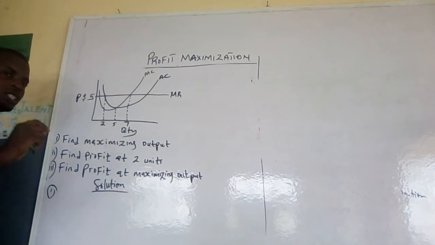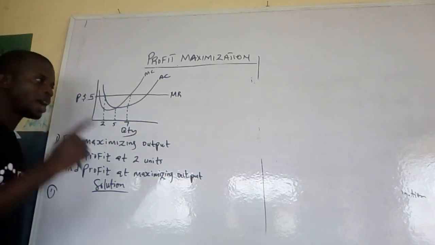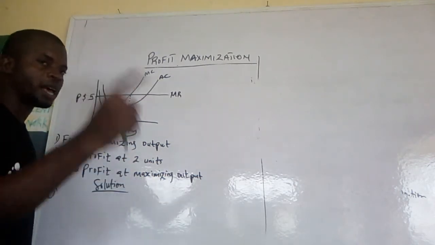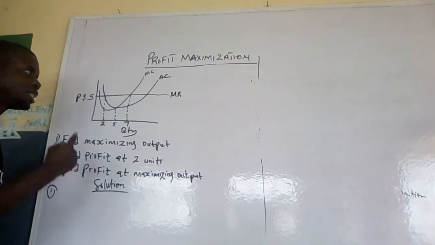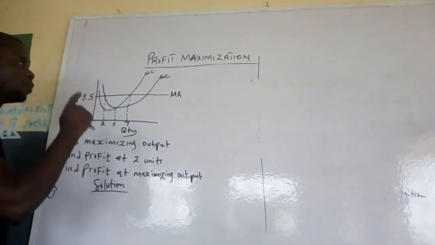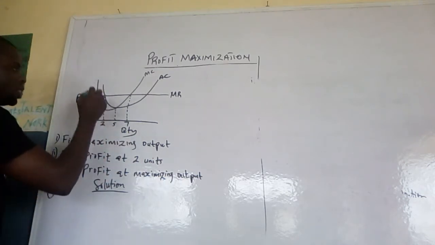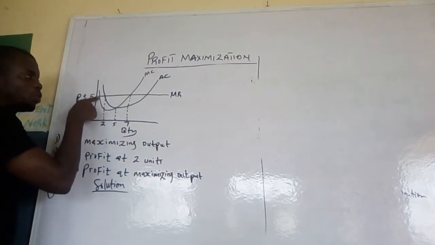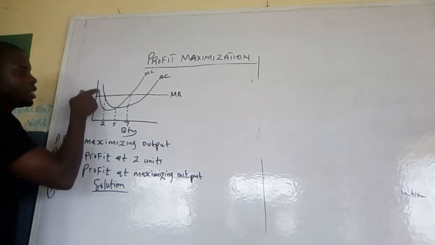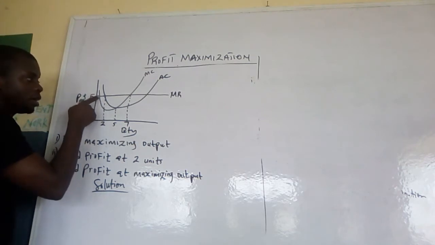Then at what point does a firm make the highest profit in a perfectly competitive market? We have said that MC must equal MR, and MC must cut MR from below at the point. It can never be this point, because here MC cuts MR from above.